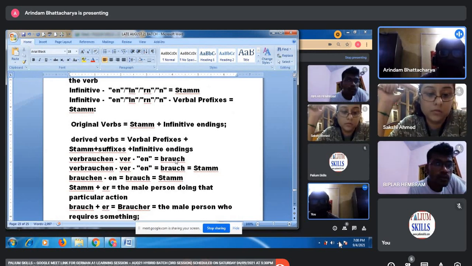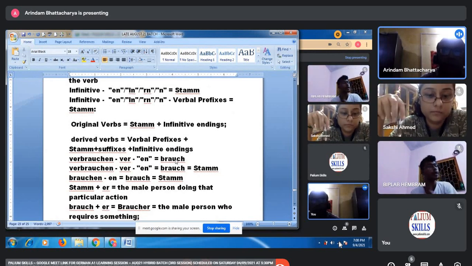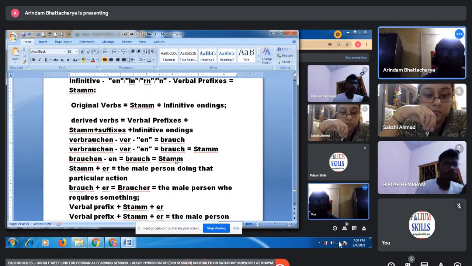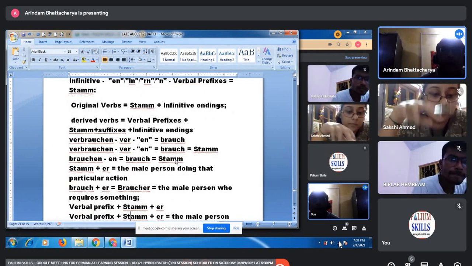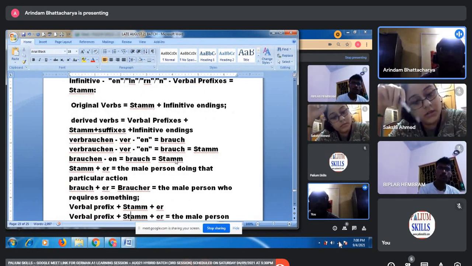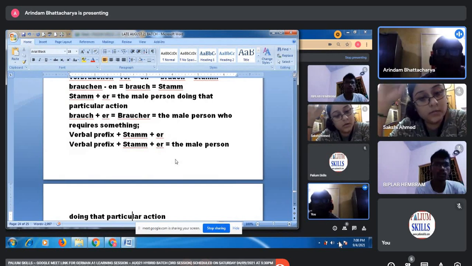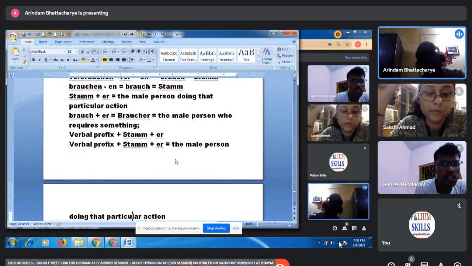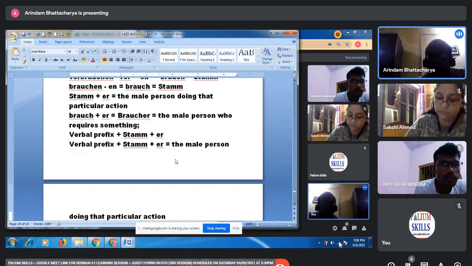Brauch plus er is Brauch er, the male person who needs something. So verbal prefix plus stam plus er is the male person doing that particular action.